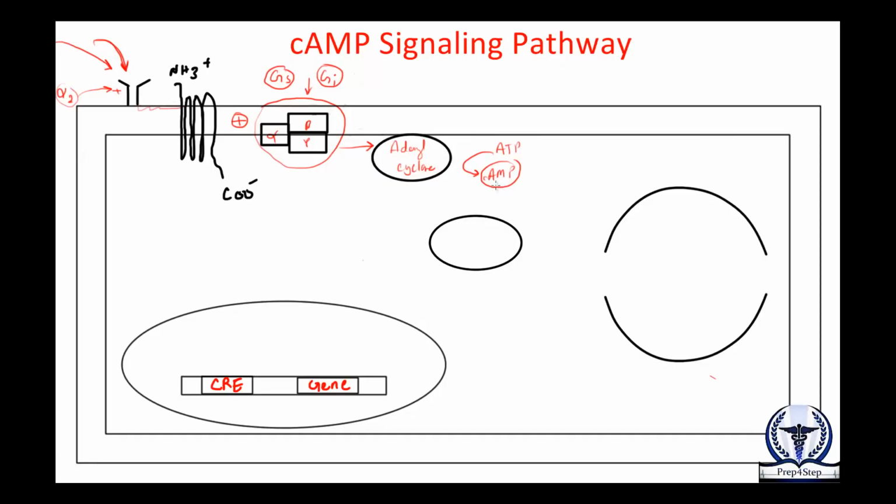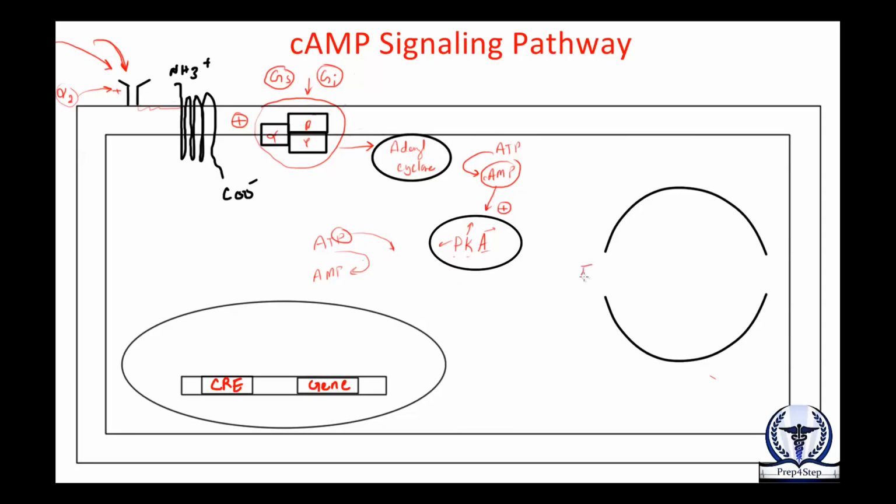The cyclic AMP in turn is going to stimulate another enzyme. This enzyme is very important. It's called PKA, protein kinase A. Don't worry about it, but PK, protein kinase. So what do you think this is going to do? Previously, we've discussed in other videos that anything that's a kinase is going to take ATP and give out ADP, and it's going to take those phosphates and phosphorylate different proteins.